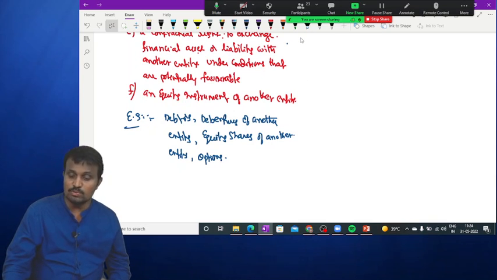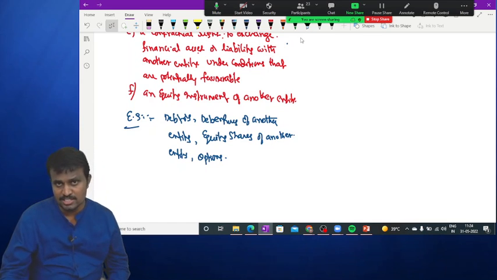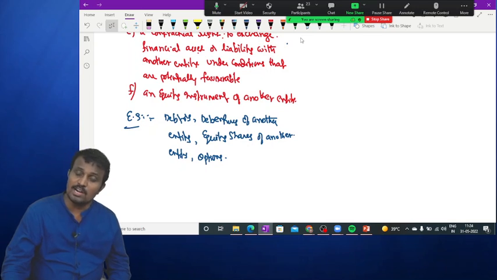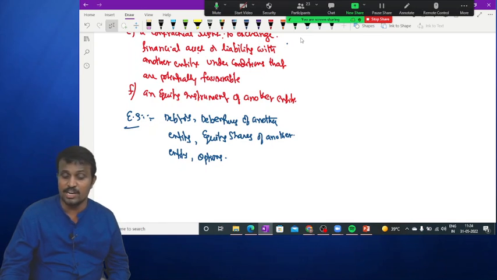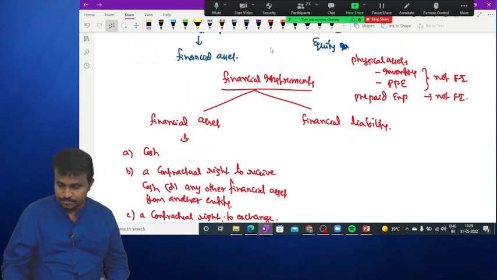It includes cash and a contractual right to receive the benefits in terms of cash or any other financial asset from another entity, and a contractual right to exchange the financial asset or financial liability with another entity under conditions that are potentially favorable, and an equity instrument of another entity. So these are all said to be financial asset.